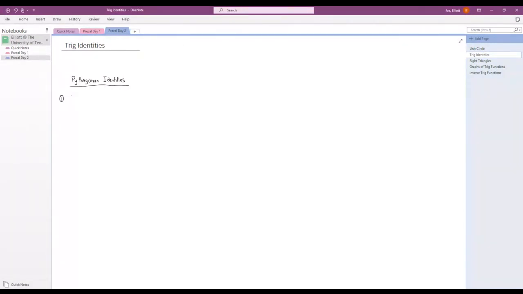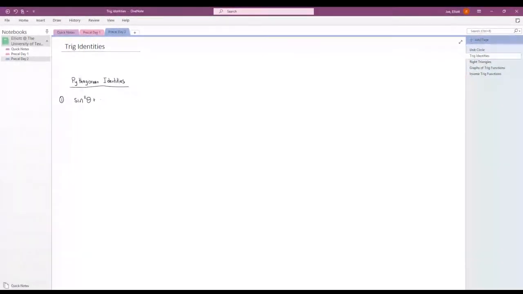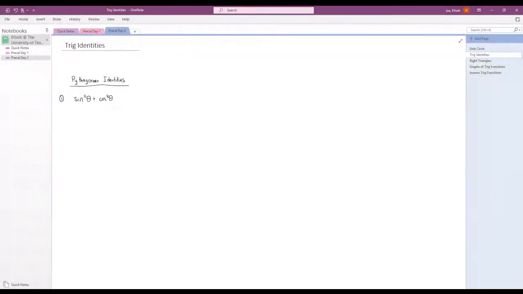So the first one, most of you are probably familiar with this one, is sine squared θ plus cosine squared θ is equal to 1. Does anyone know why that is true?